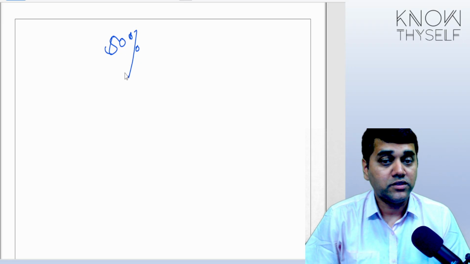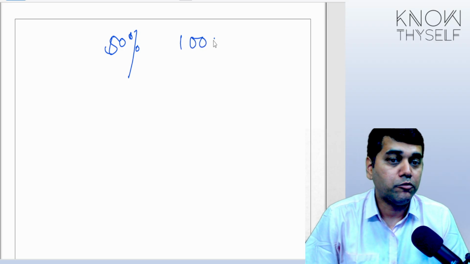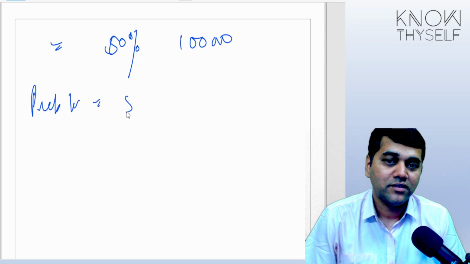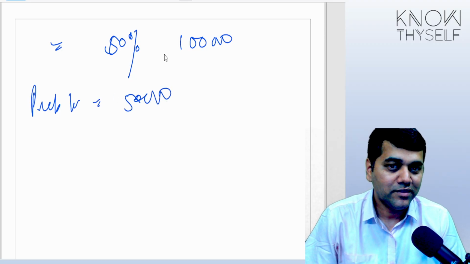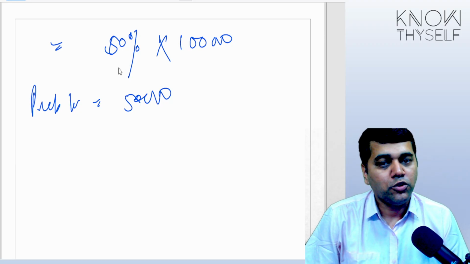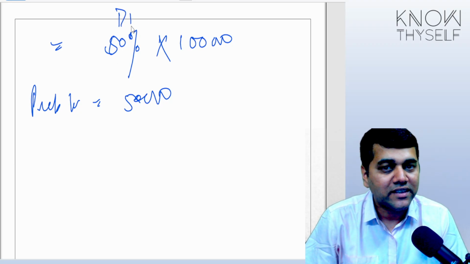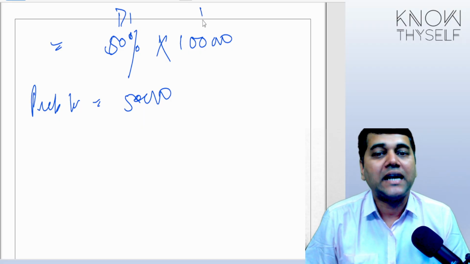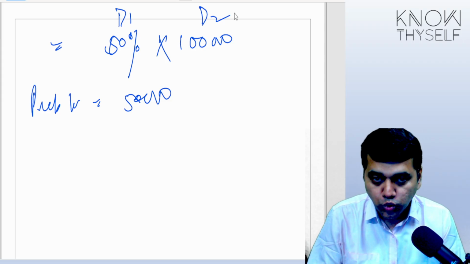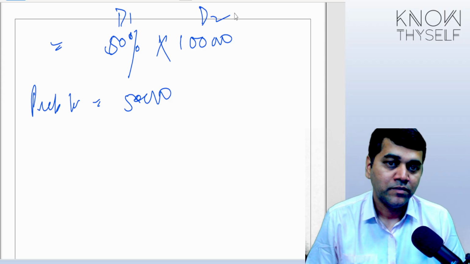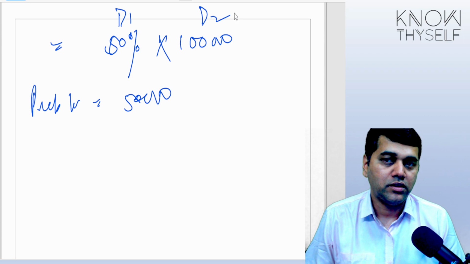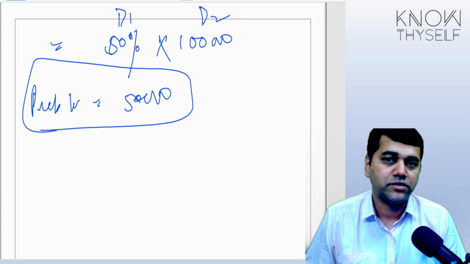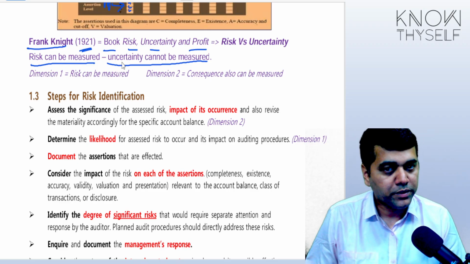What if it occurs and I am going to lose 1 lakh rupees? So what is your probability of loss? 50,000. How? You multiply. So probability is considered as dimension 1 to do risk analysis, impact is considered as dimension 2, and you find the measure of a risk by multiplying these two elements. Okay, so I hope it's clear, very interesting.